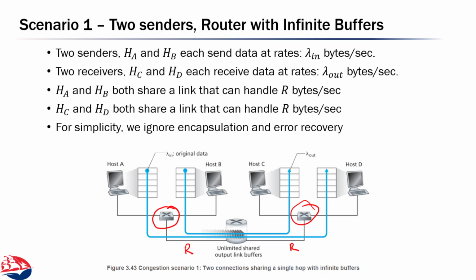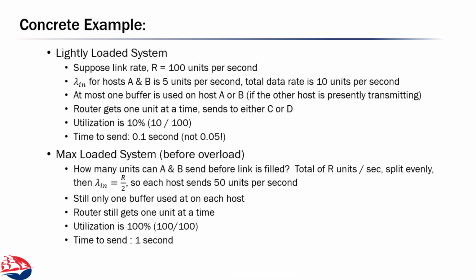Likewise, host C could be receiving data at R bytes, but then host D can't be receiving anything. So really what we want to see is that the aggregate data rates are equal to R, or less than R.